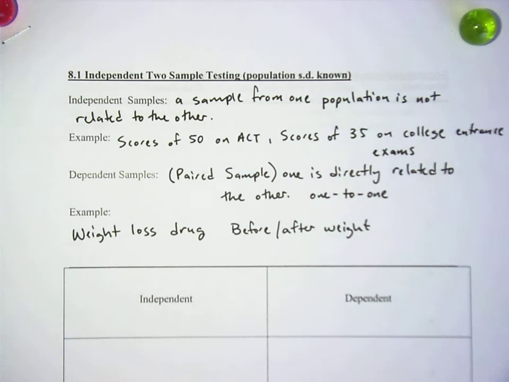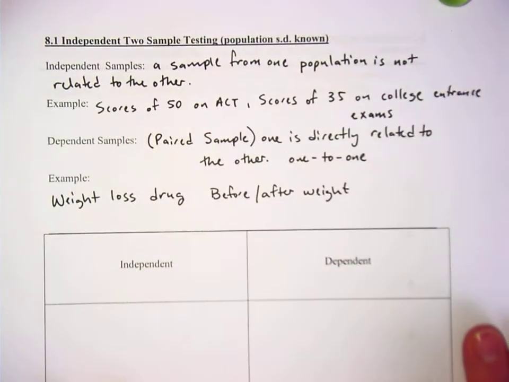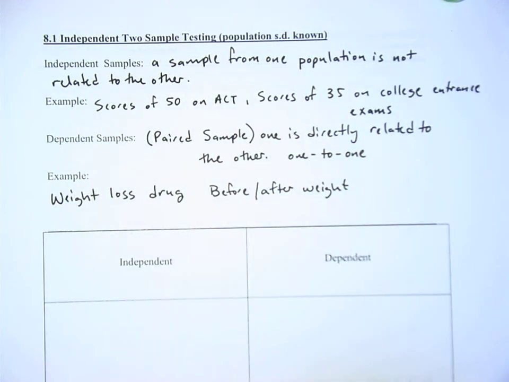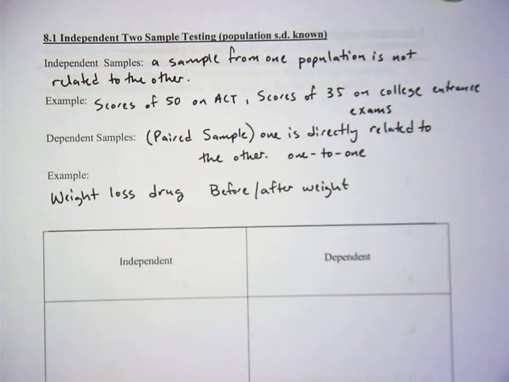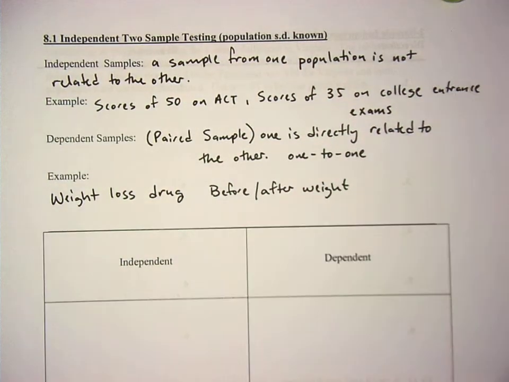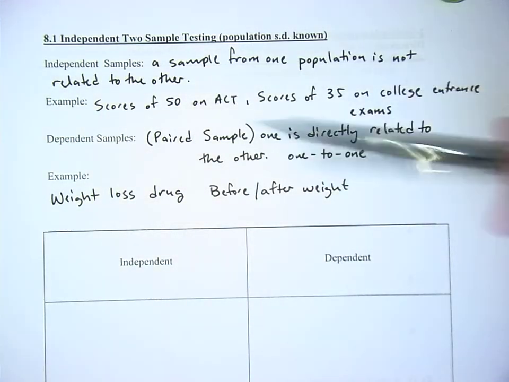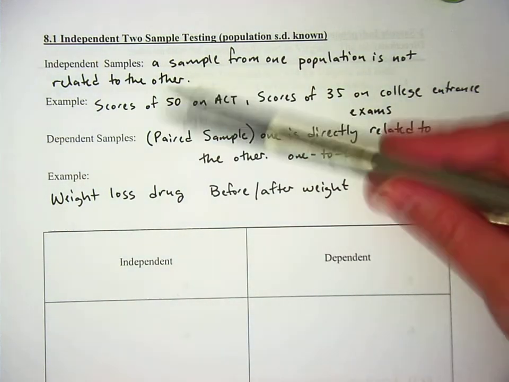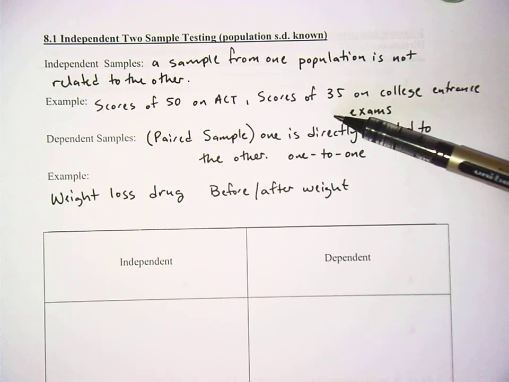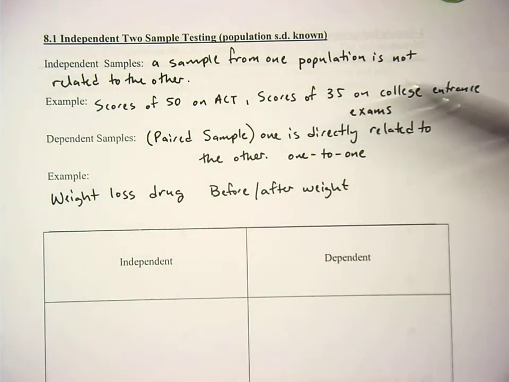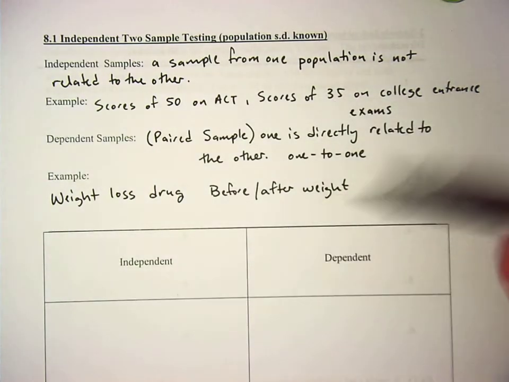The people who take the ACT aren't necessarily the people who are taking the college entrance exams. So they really can't be paired together. They might have some overlap, but there's 50 who took the ACT and only 35 who took the college entrance exam, so you can't even match them up one-to-one.